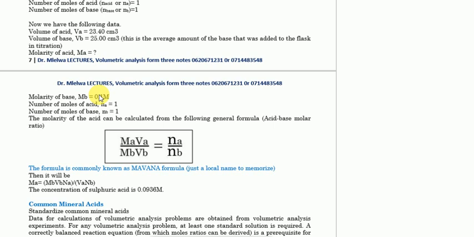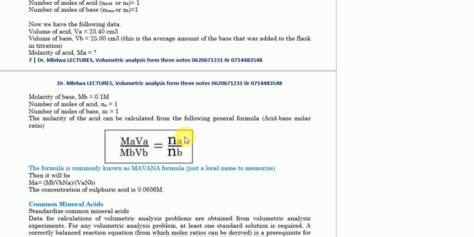When we were studying in O level, we call this formula in a nickname as the Mavana formula. Mavana formula means molarity of acid, volume of acid, then number of moles of acid. Some of the students call it Mava, but Mavana is very easy for you to memorize the formula.